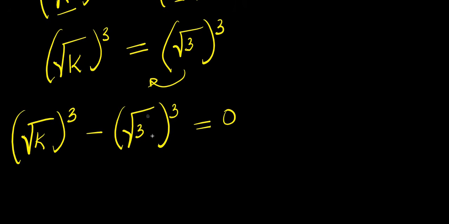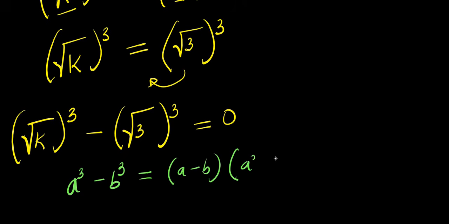So what we are going to do will be to expand this, and we can achieve this using the identity. If you have a power 3 minus b power 3, this equals a minus b times a squared plus ab plus b squared.